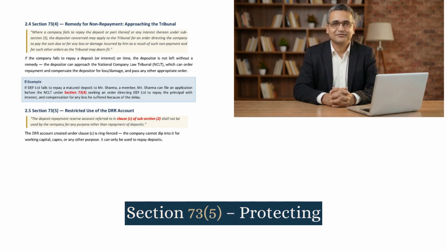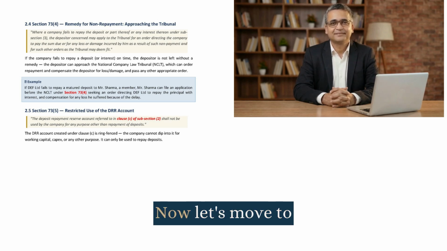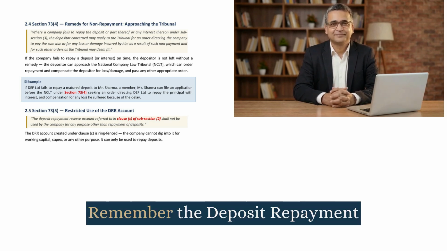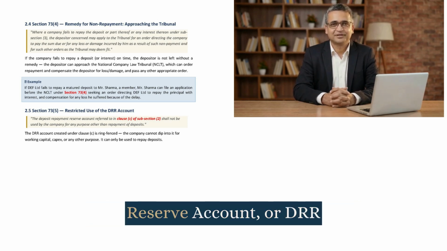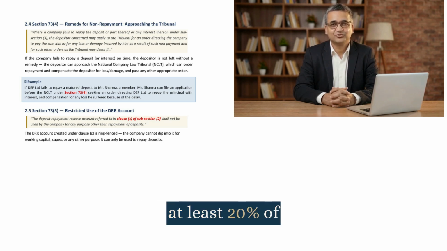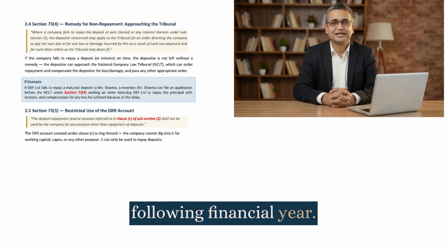Section 73(5), protecting the deposit repayment reserve. Now let's move to another very important compliance provision. Remember the Deposit Repayment Reserve Account or DRR account, which we discussed in the previous slide? The company sets aside at least 20% of deposits maturing during the following financial year.